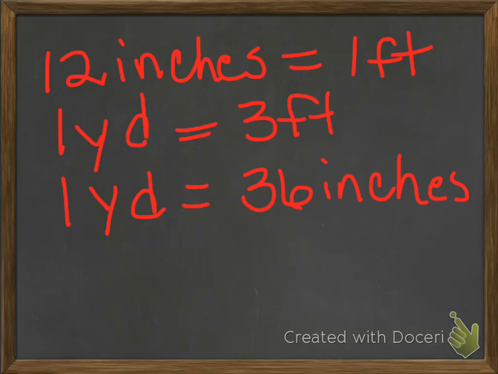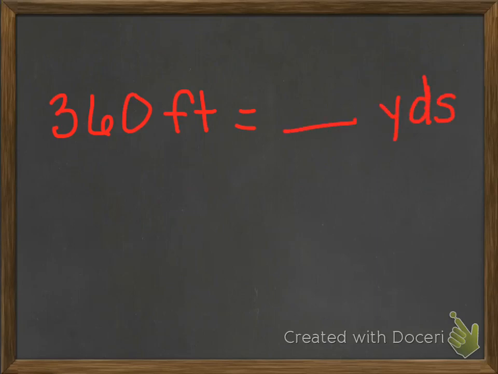Here's our first problem. Let's say that I have 360 feet, and I've been asked, how many yards does that equal? Well, what do we know about the relationship between feet and yards? We know that for every 3 feet, we have 1 yard.